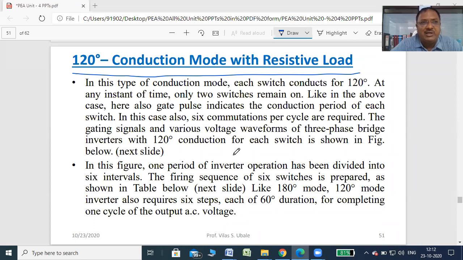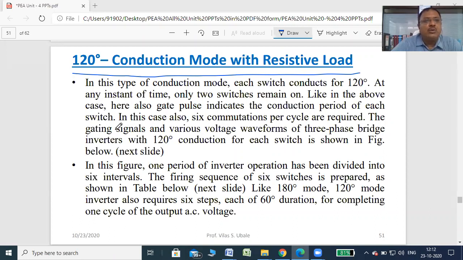Even its name itself gives the answer, that is 180 conduction mode and 120 conduction mode. So in 180 conduction mode, the switches conduct for a complete half cycle. Every switch conducts for half cycle. That is the major advantage of that system, right? Very good. So Manoj has given the answer.